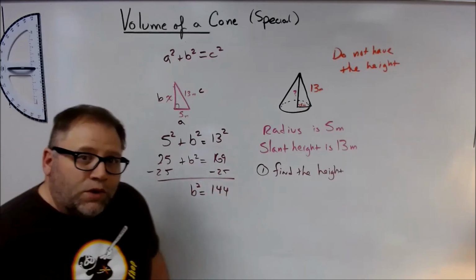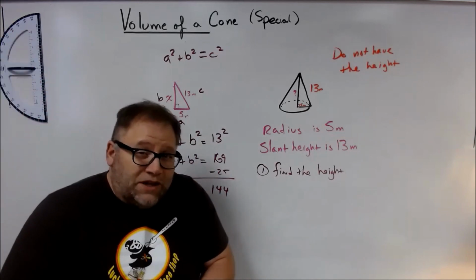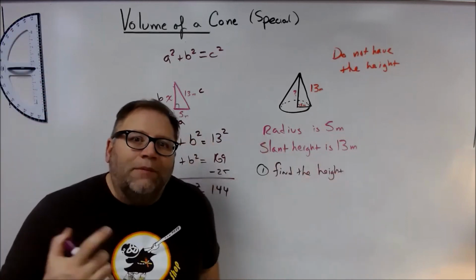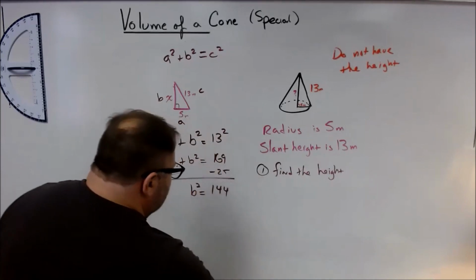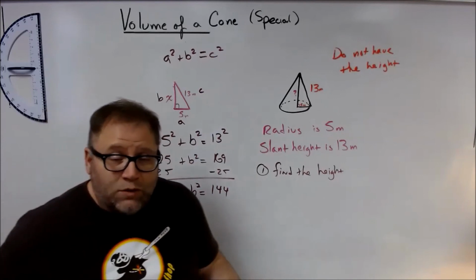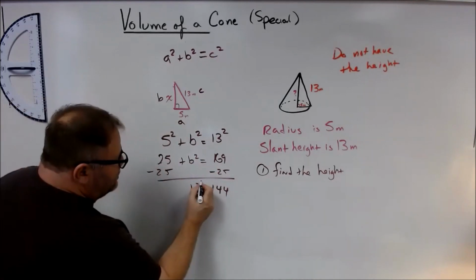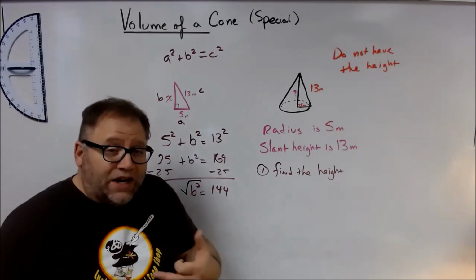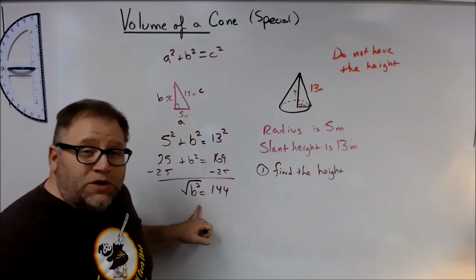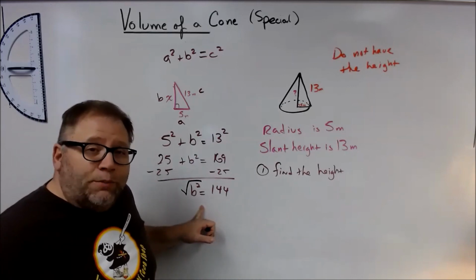That's usually one where 8th graders go, ding, I know exactly what that is. But sometimes 8th graders aren't exactly sure what to do here. To solve for b, we don't want b squared, we just want b, so we have to take the root of this. We put it under the radical. What is the square root of b squared? What times itself would equal b squared?